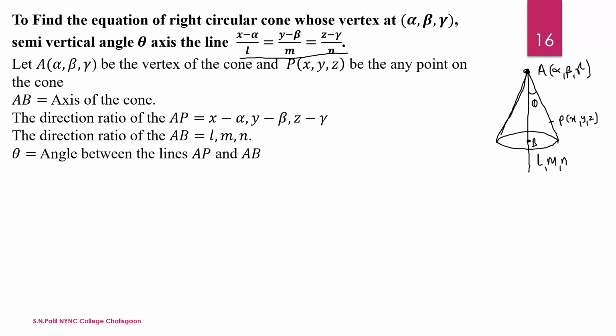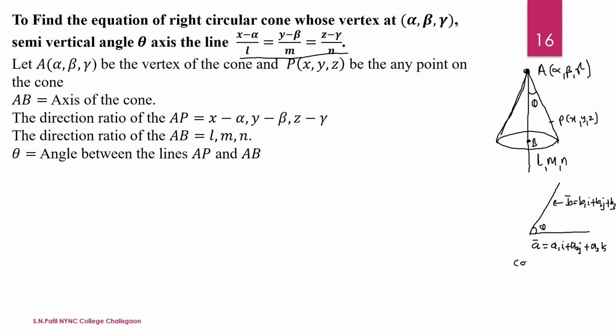Now here we use the concept: suppose there are two vectors. Suppose this is vector A having components A1, A2, A3, and the second vector is B bar, with components B1, B2, B3, and theta is the angle between them.